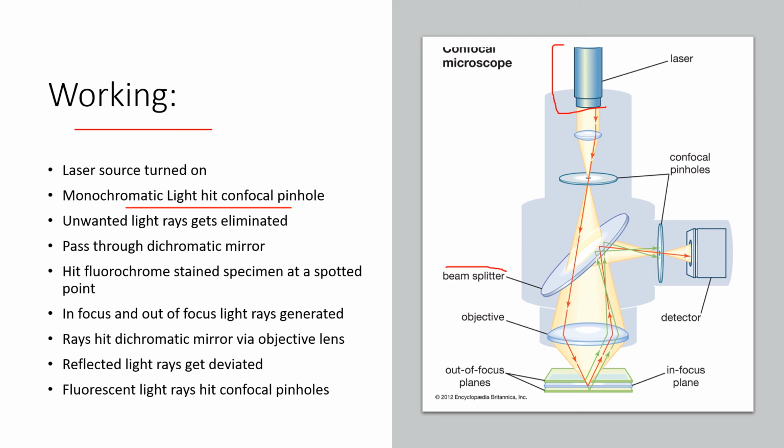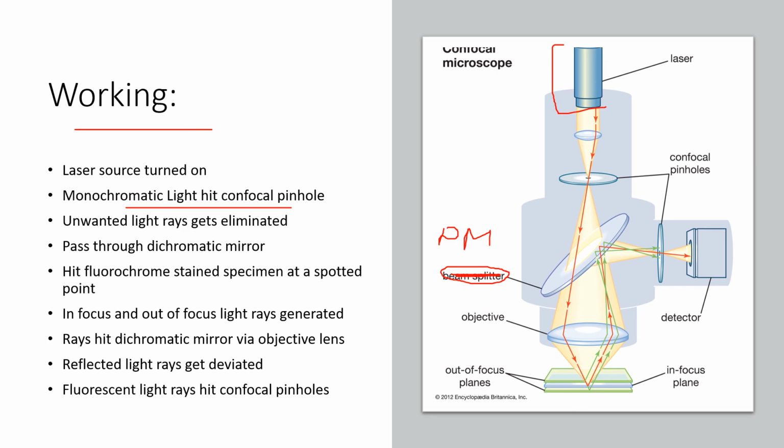Just take this splitter as a dichromatic mirror. A beam splitter is generally not there, but a dichromatic mirror is always there, so just take this as a dichromatic mirror. Now these monochromatic light rays hit the specimen via the dichromatic mirror and then the objective.